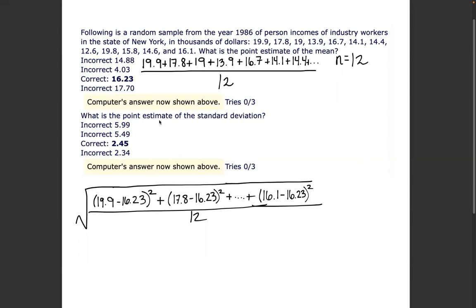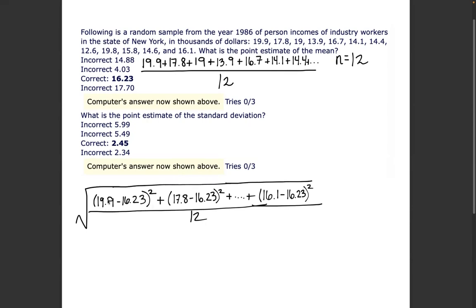And then what is the point estimate of the standard deviation? So you could do this in R and do the function SD and then parentheses what you called that list to be, or you could do it brute force by hand, and that would look like this.